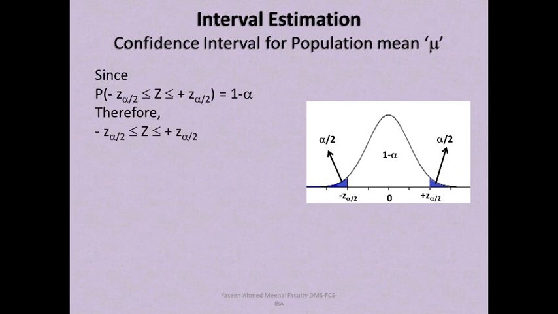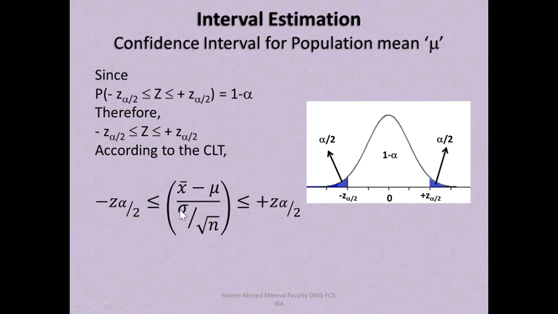Now we have an interval, and recalling the central limit theorem, Z is a transformation which can be written as x minus mu upon sigma, but according to the central limit theorem, this transformation can be written as x bar minus mu divided by sigma over root n. Our work starts from here: we have to solve this inequality, this interval, for mu, because we want the confidence interval for the population mean mu.